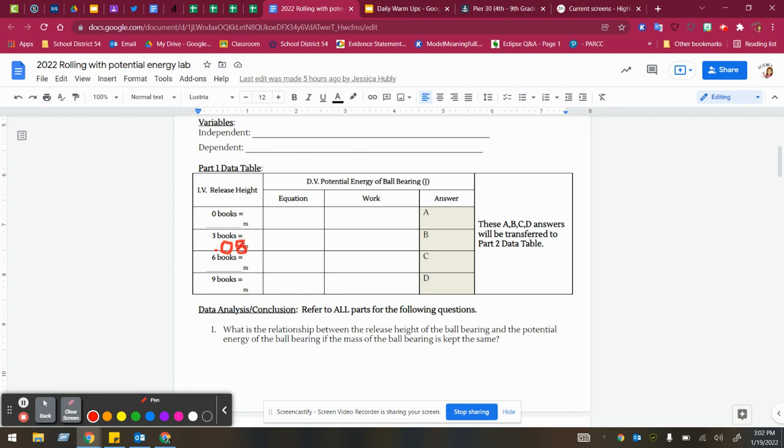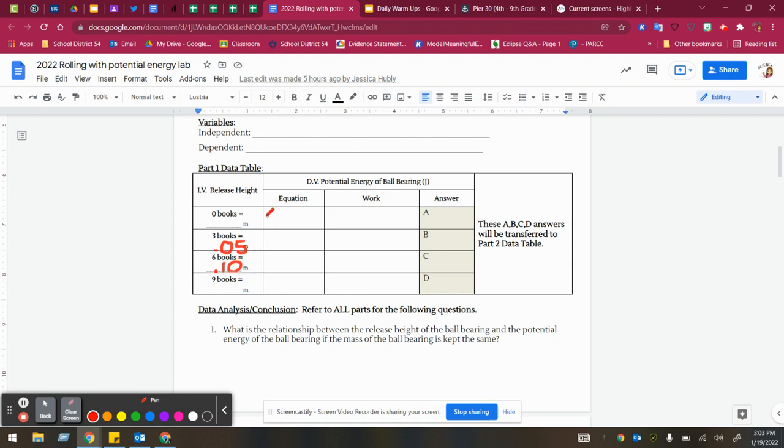Some people found it was 0.06, but around 0.05 would be fine. To then figure out 6 books, all you needed to do was take 0.05 and multiply it by 2. So this would give you 0.10. And then for 9 books, you had to multiply it by 3.